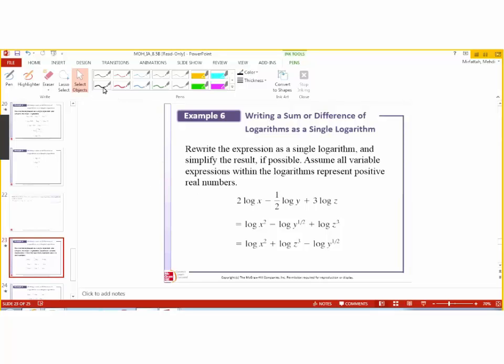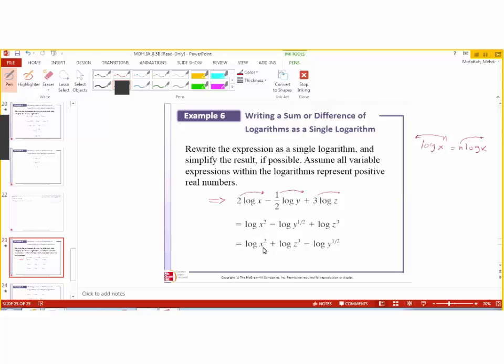You should be able to do this the other way around. If I have this in expanded form, you should be able to write it in one single logarithm form. Then you just have to work this backwards. So in this case, this 2 goes on top of this. Again, the property we learned is log of x to the power of n is the same as n log of x. So this n can go here or go there. In this case, you would put this right on top of the x. So as 1/2. So as 3.